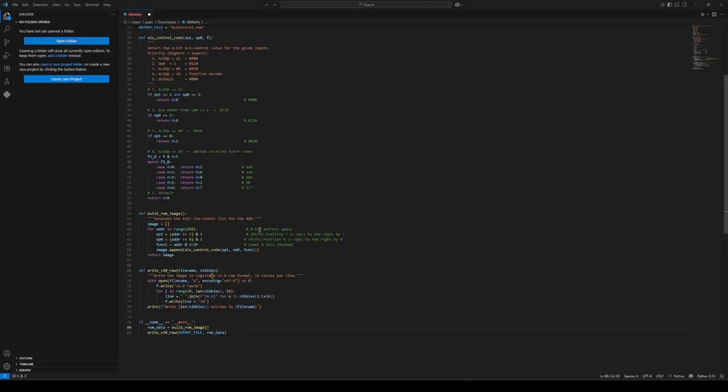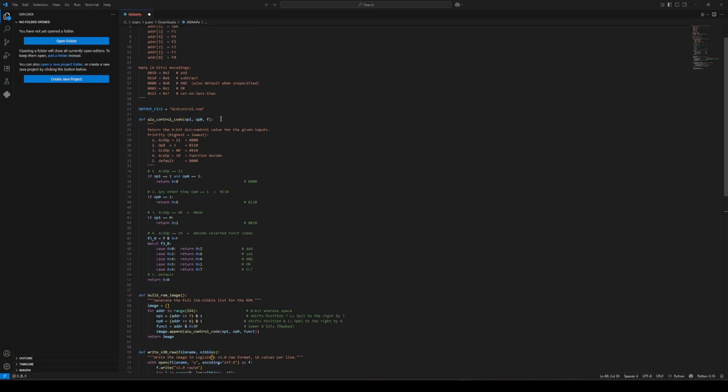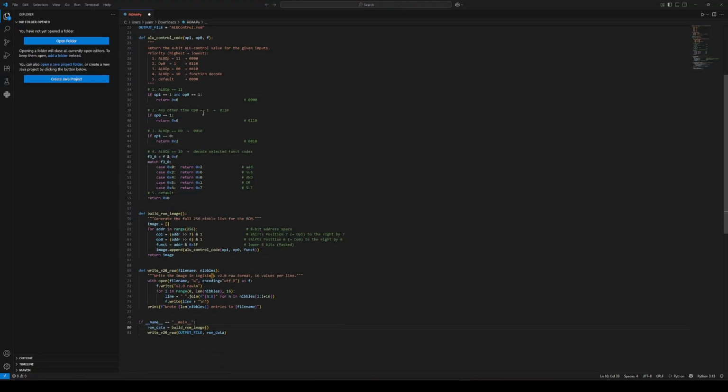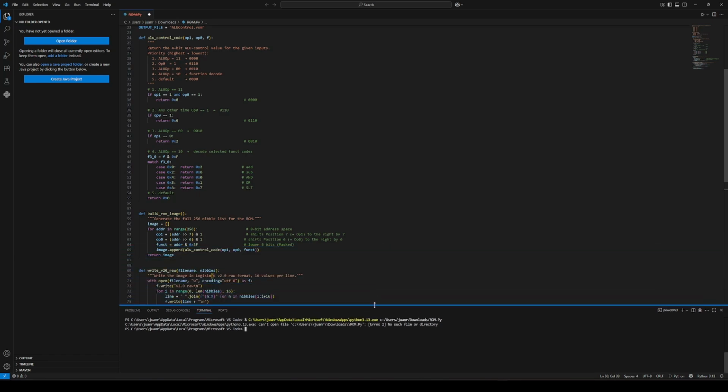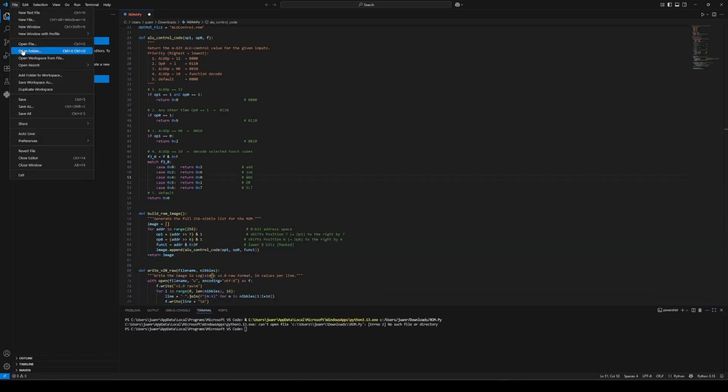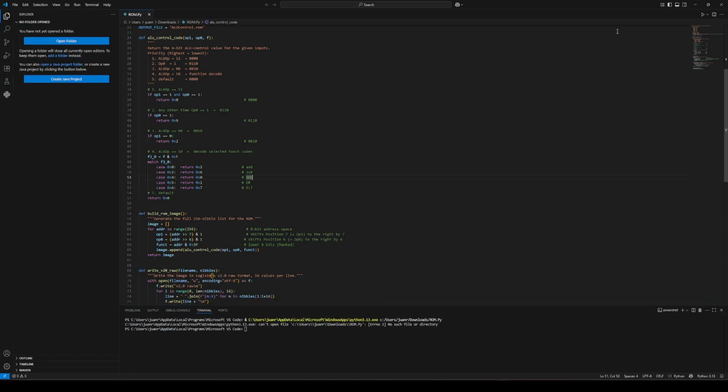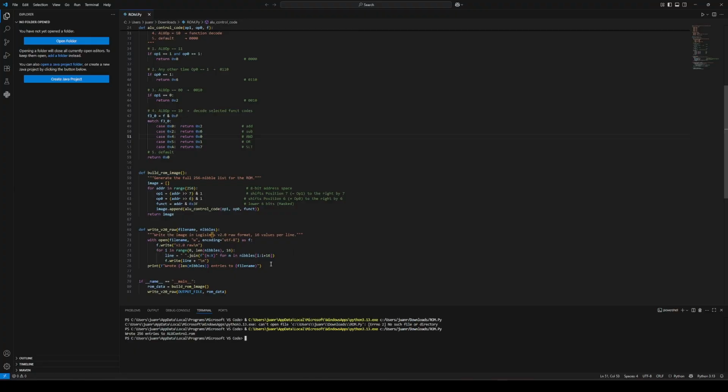So now that we have coded that, we might have to fix something here. Let's see. ALU control. We can run it. ALU control file.